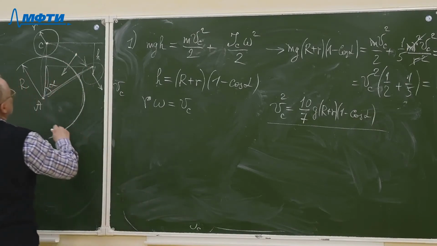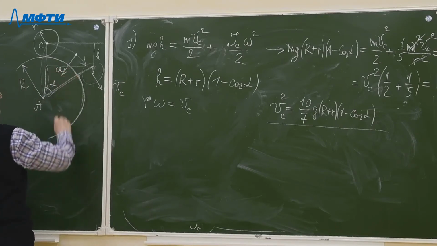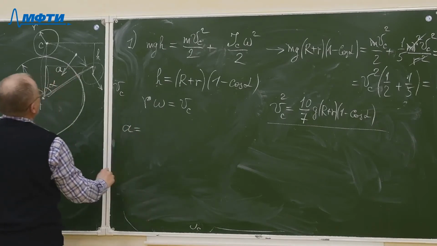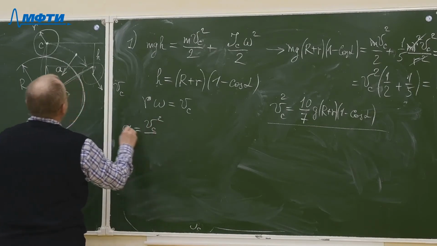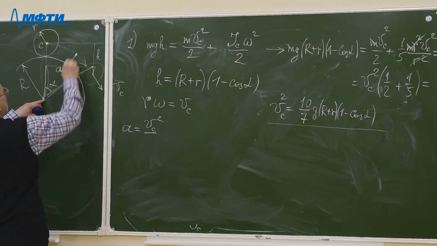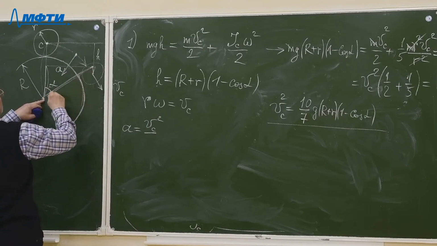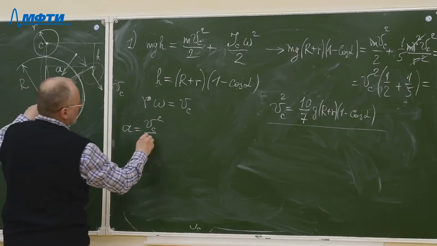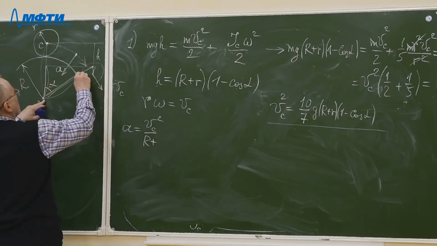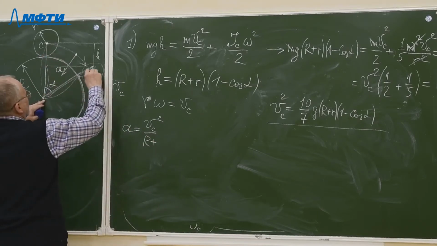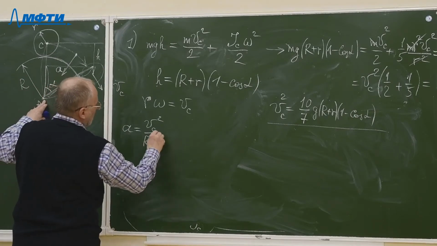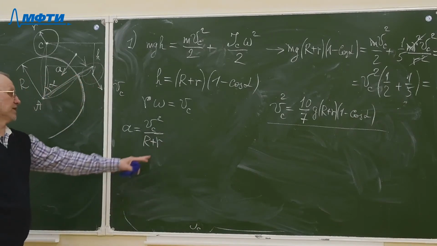Centripetal acceleration, A, is always the velocity of this point squared divided by the total radius of the trajectory. And the total radius is the radius of the cylindrical surface, capital R, plus the radius of the sphere, which is lowercase r.